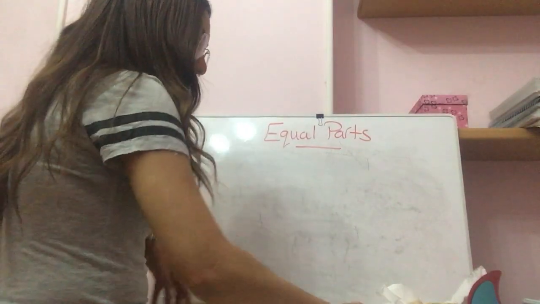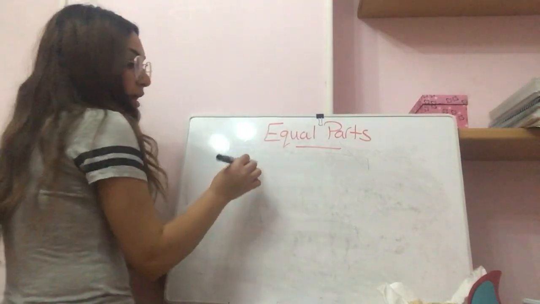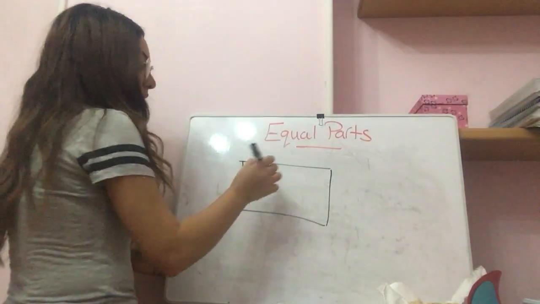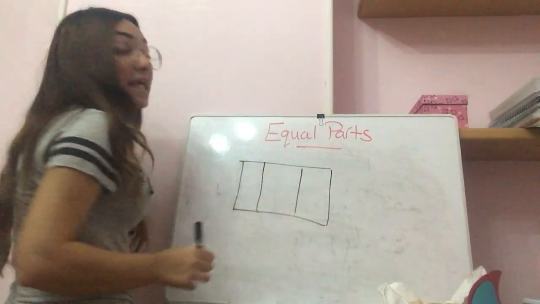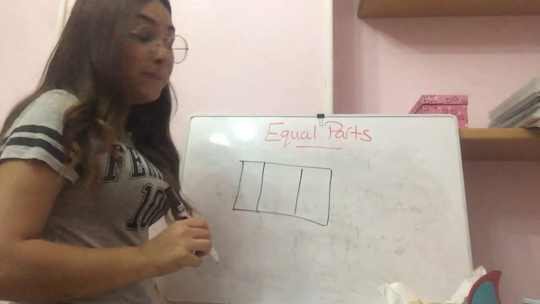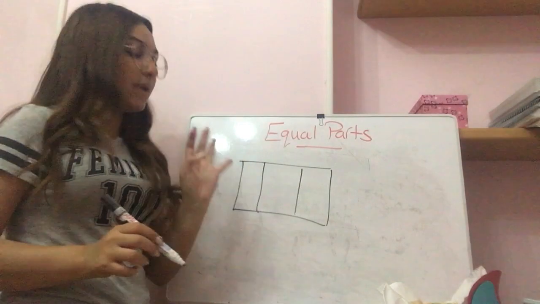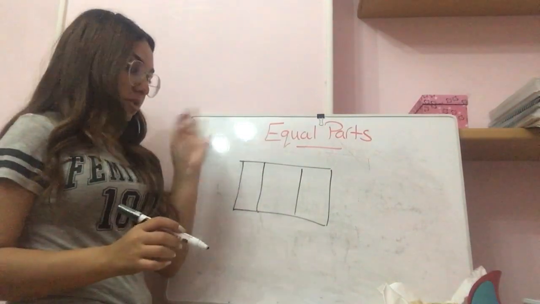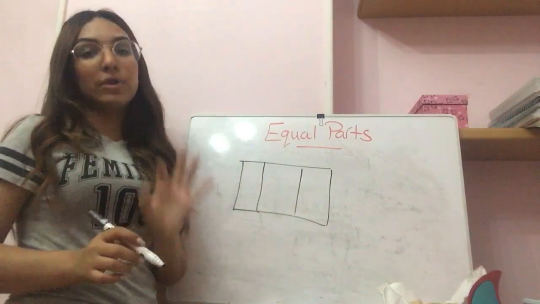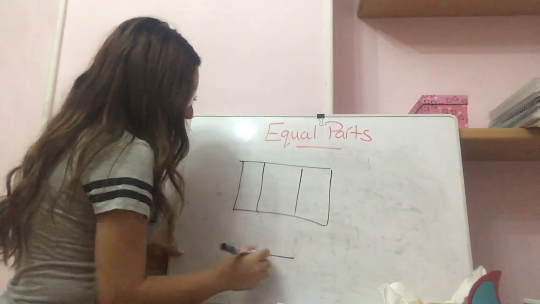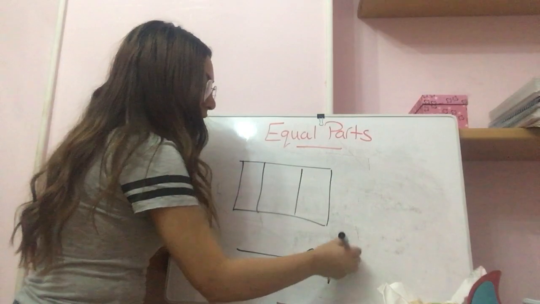Imagine I have this rectangle, and I cut it into 3 equal parts. My three parts are not that accurate, but imagine that they are exactly three equal parts. So I'm going to say that I have how many equal parts?